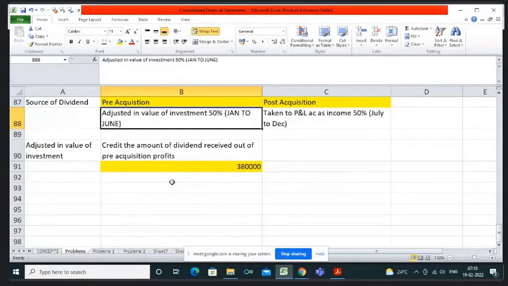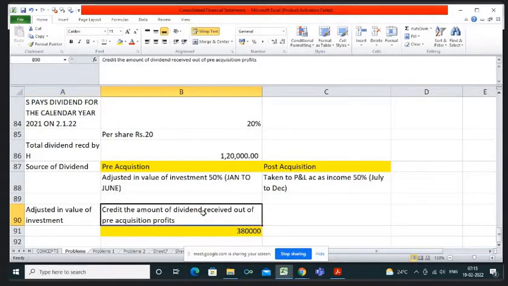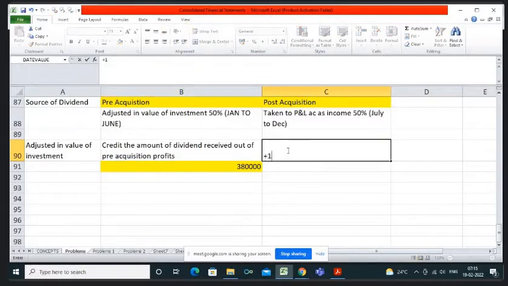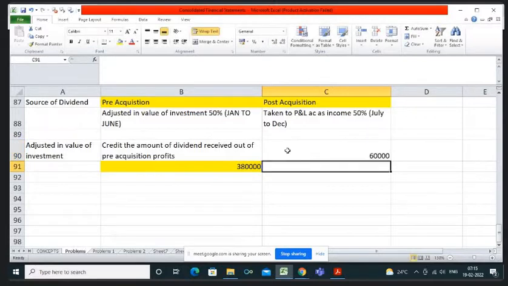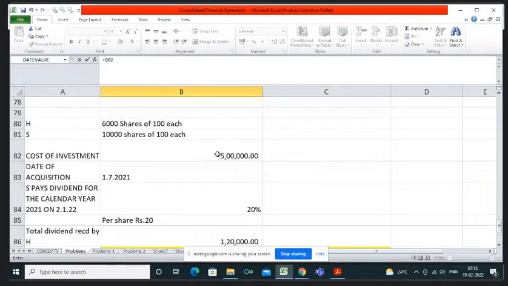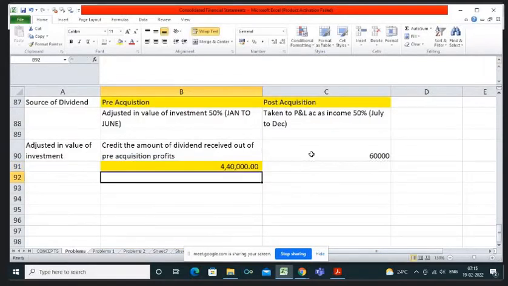So in this case, what we need to adjust is the value of investment. Credit the amount of dividend received out of pre-acquisition profit. How much is pre-acquisition profit? 1,20,000 into 50%, so 60,000 dividend should be adjusted. So what we have to do? We take 5 lakhs, which is the value of investment, minus dividend from pre-acquisition profits.